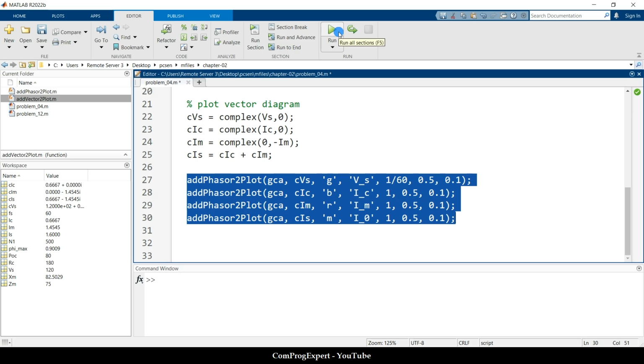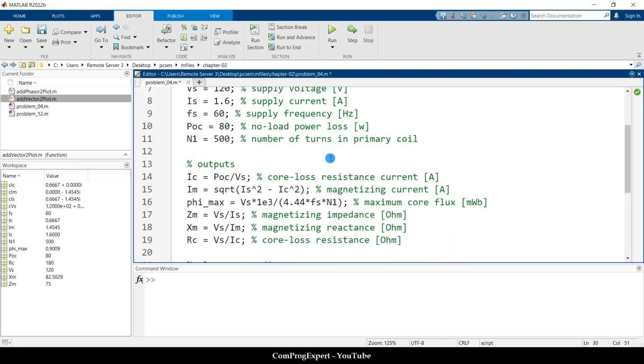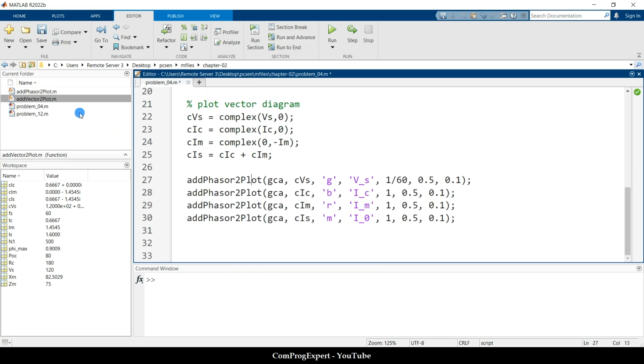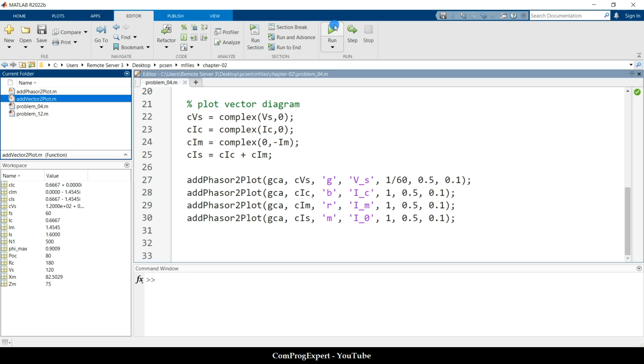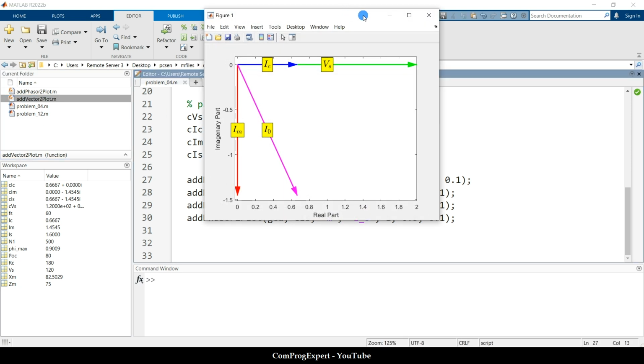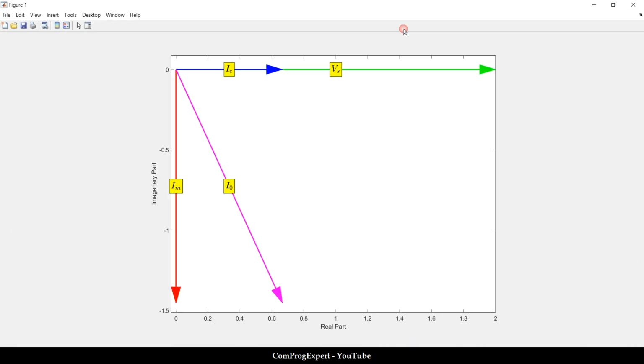So let's run the M file again. You can try the M file, and you can also use these two functions for the next problems, as we will use them. So here is the vector diagram of this example. This is the input voltage.